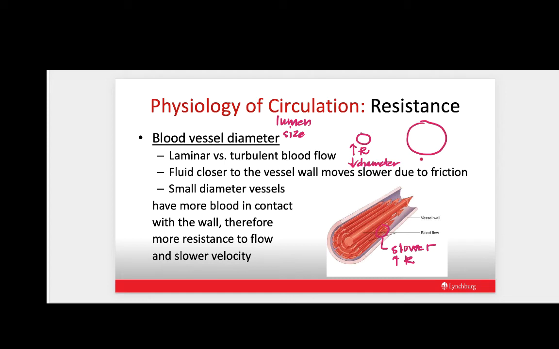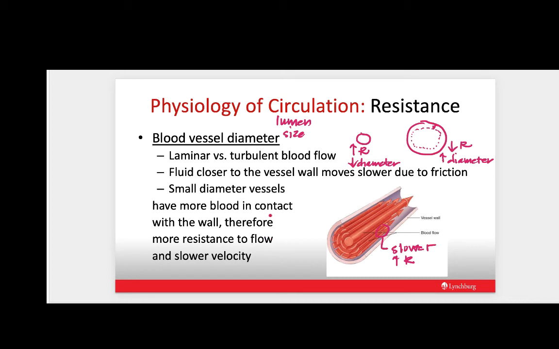Okay? If you have a larger blood vessel, you can have much more blood. Let's say all of this blood here in the center is flowing really smoothly, and it's only this blood out here on the periphery that's meeting resistance. Well, we have much more blood that's flowing smoothly. So we're going to have decreased resistance because of the increased diameter of this blood vessel.